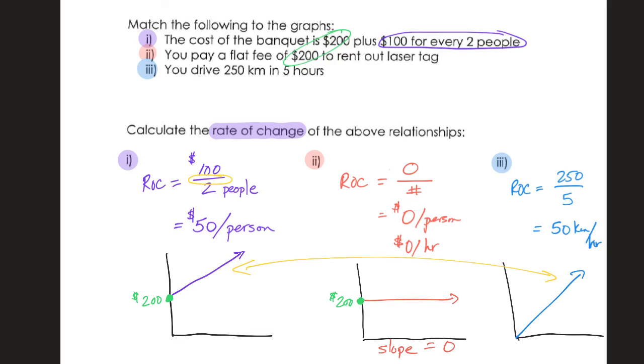They might not look like it because they're a little separated, but those are the same steepness. How do we know that they're the same? Because they have the same rate of change. It's 50. Now, they represent two completely different situations. One's a cost per person, the other one's a kilometers per hour. But our slopes are the same. Our rate of change is the same.